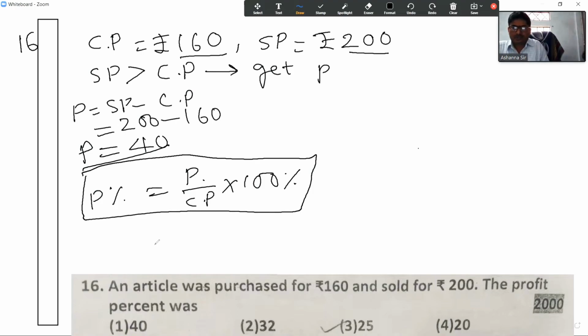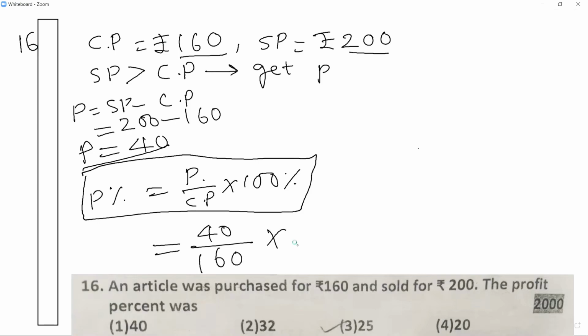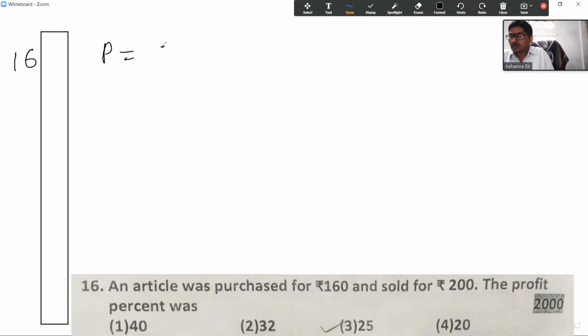So profit we got 40 rupees, cost price 160 rupees, into 100%. Profit percent is equal to profit by cost price into 100%.